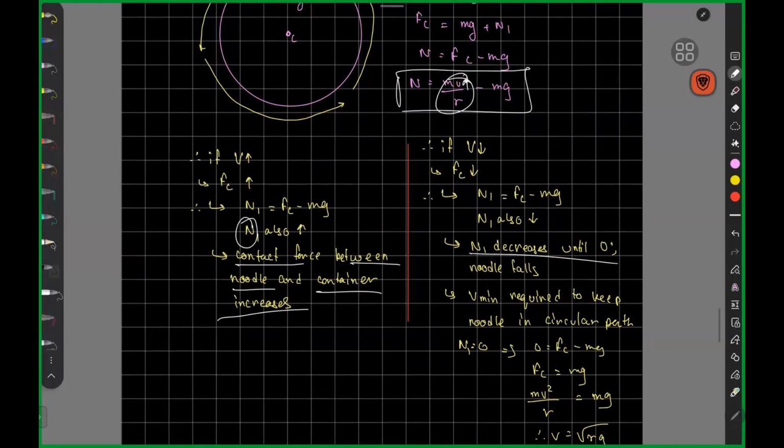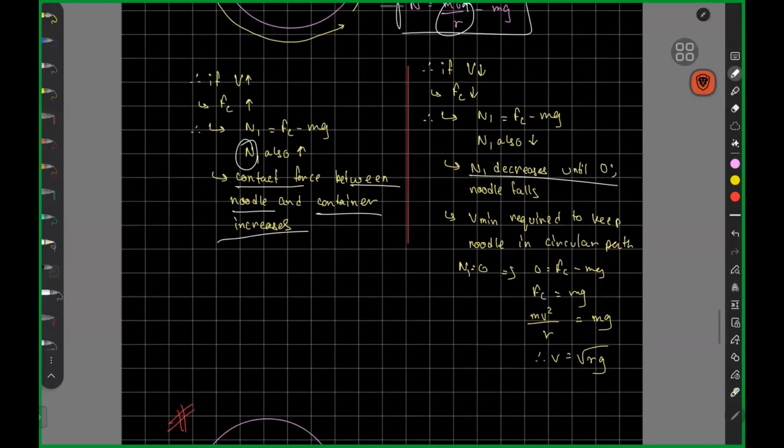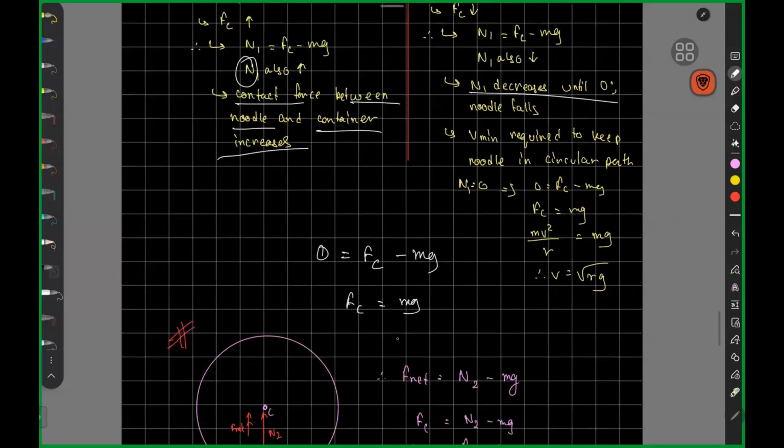And this normal reaction force will decrease until it is zero, and then finally the noodles will fall out. So how do you find the minimum velocity? Same thing. You say my normal reaction force is zero. There's Fc and there's mg, and you equate Fc equals mg, and what you get is v equals root rg.